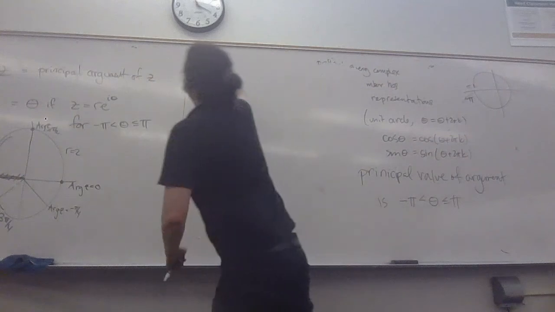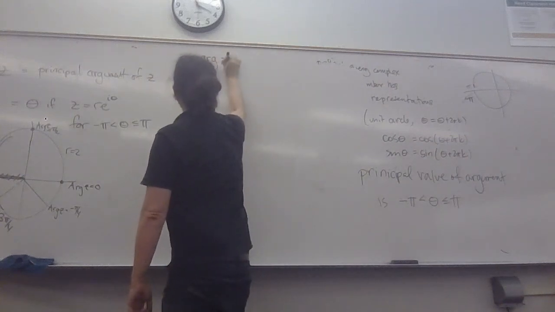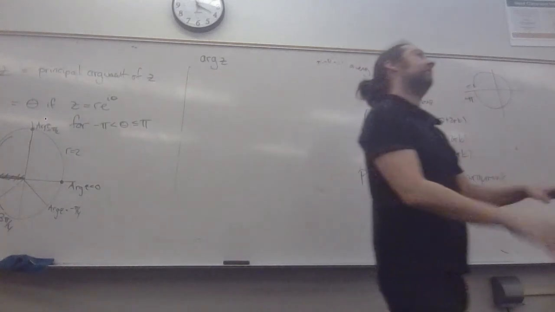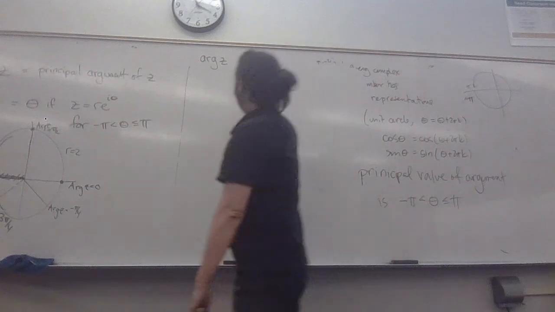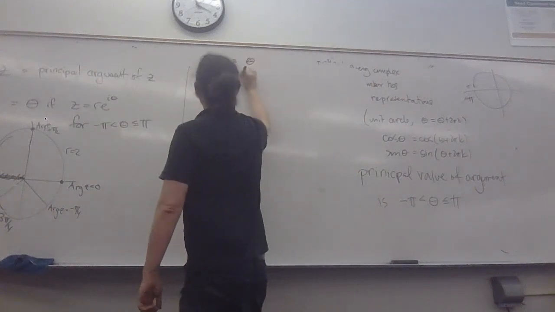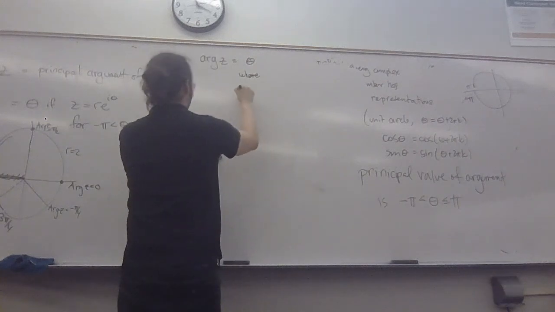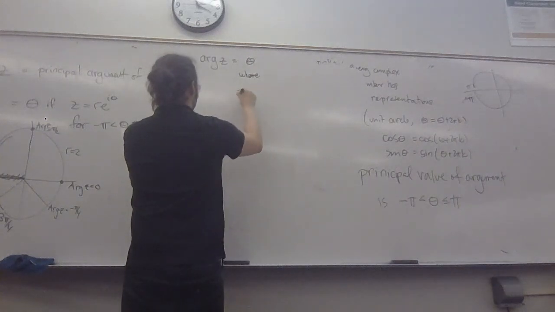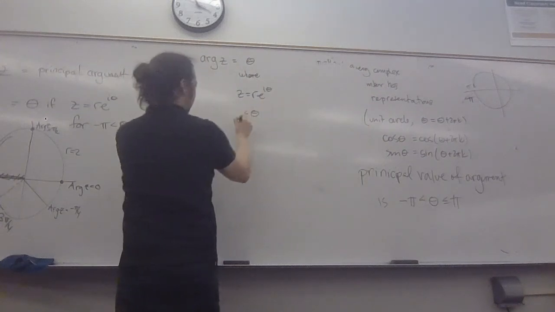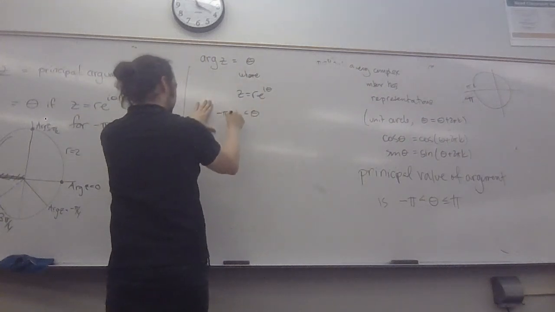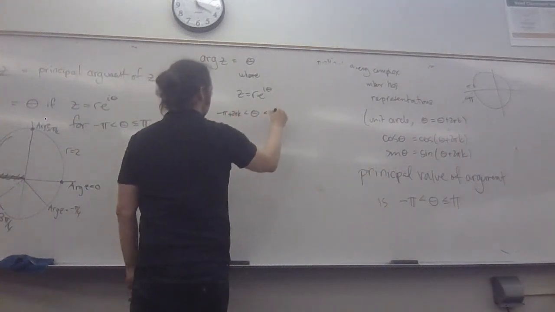I should point out that generally, once you've selected an argument function, so you can choose, in this class, the way that we define arg z with a small a is equal to theta, where z is equal to r e to the i theta, and theta falls between, I believe, minus pi plus some 2 pi k up to pi plus that same 2 pi k.